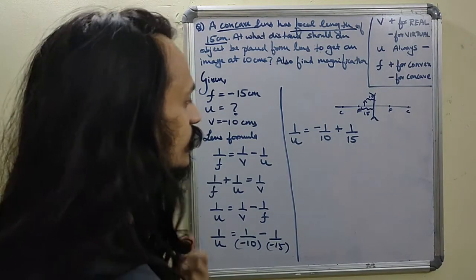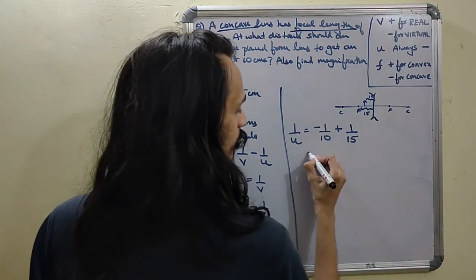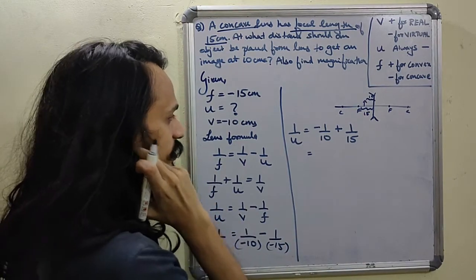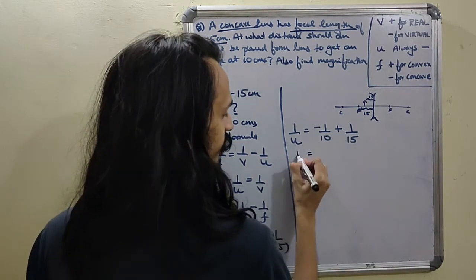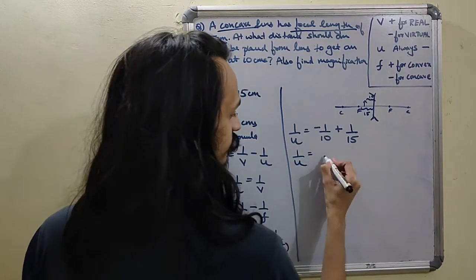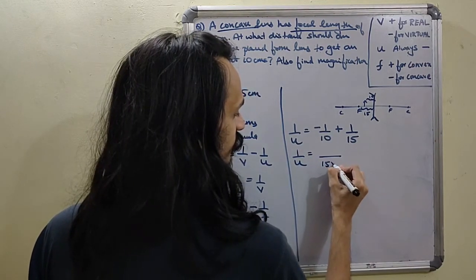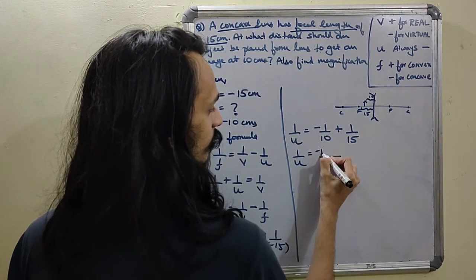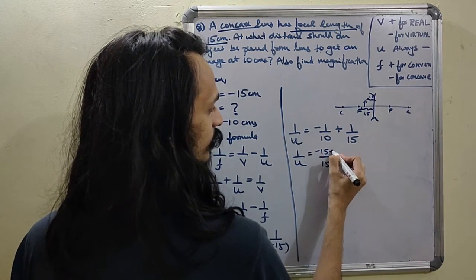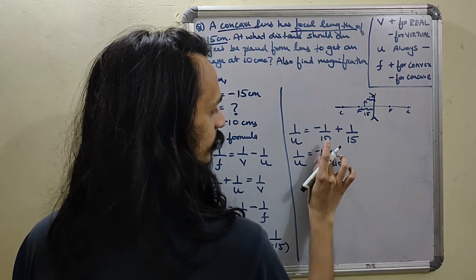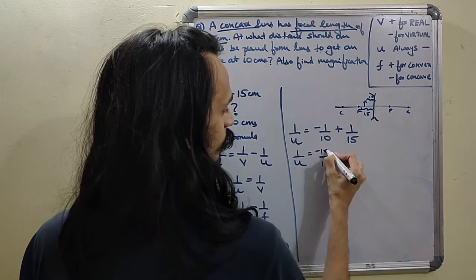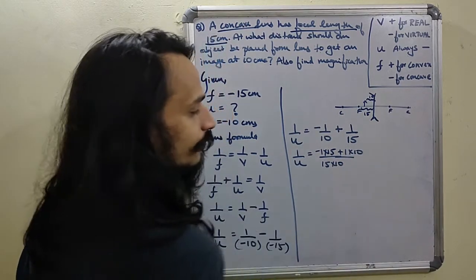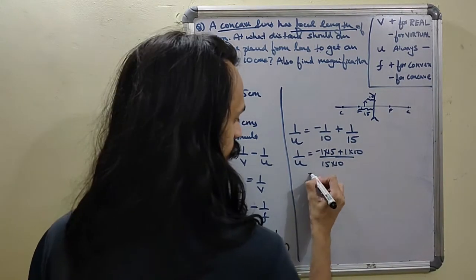Okay, so that is 1 by 15 minus 1 by 10. So how much would that be? Let's do the fractions carefully. I simply put this as 15 into 10 multiplying, and I do butterfly: minus 15 into 1 or minus 1 into 15, same thing, plus 1 into 10.